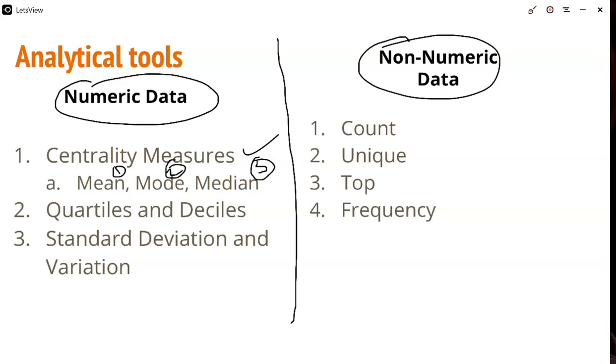Then we also discussed quartiles and deciles, which are positional attributes. Then we saw the third and most important type of attributes used to characterize numeric data: standard deviation and variation, which capture the variance in the data sets.